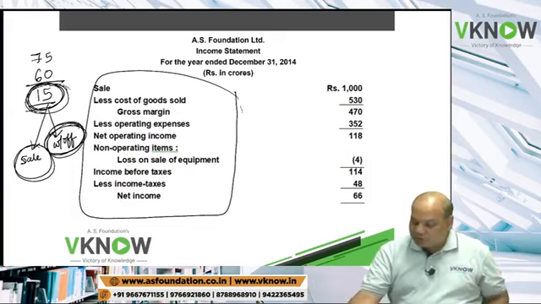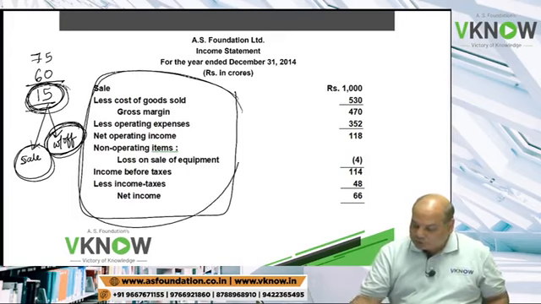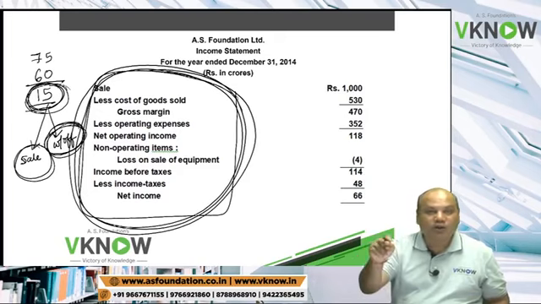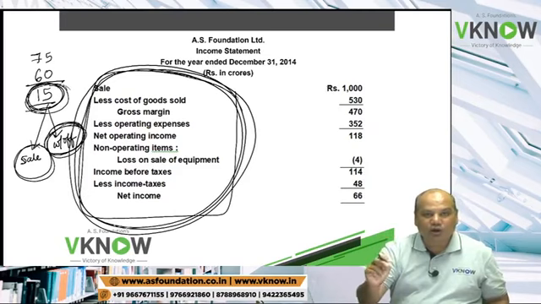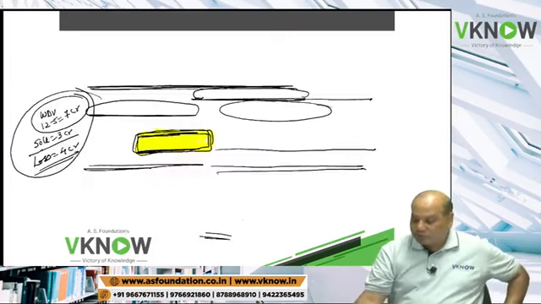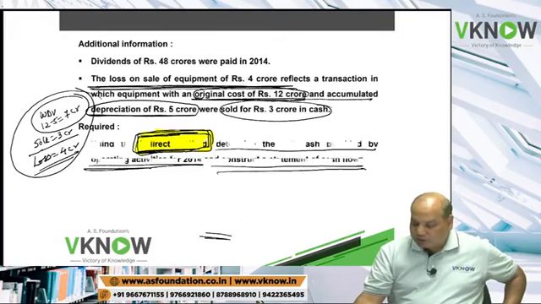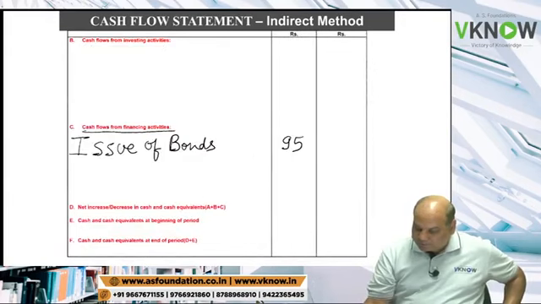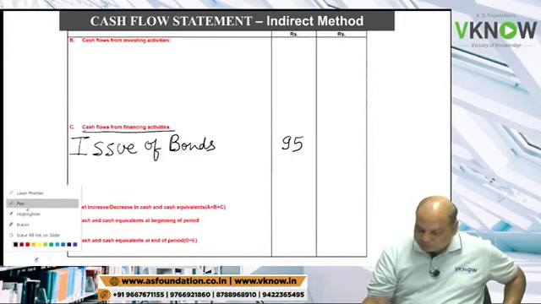The reason being, if there was any profit or loss on sale of investment, it would have appeared in P&L account, but it is not appearing in P&L account. It means the investment were sold at book value only. No profit, no loss. So I will write this difference 15 in investment activity as sale of investment.